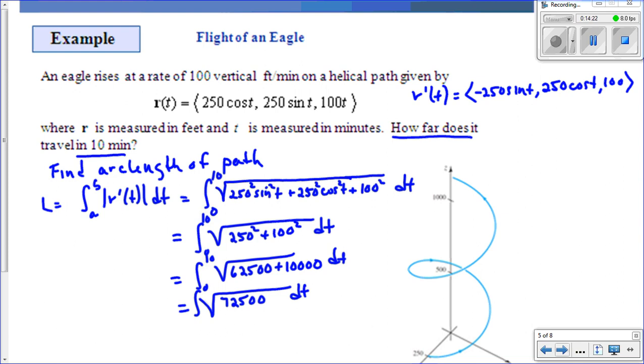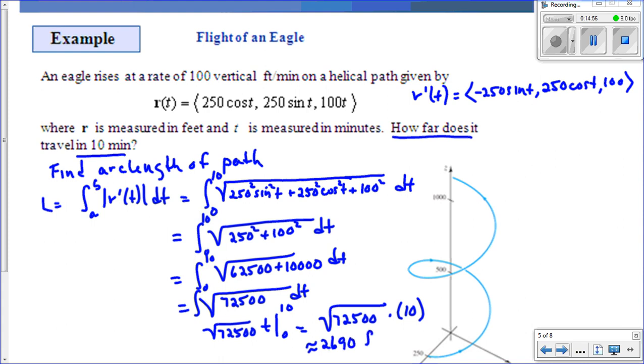Now that's approximately 269. So this will be the square root of 72500 times t from 0 to 10. So we'll have square root of 72500 times 10, which comes out to be approximately 2690 feet. And so that's the distance that that eagle would fly.